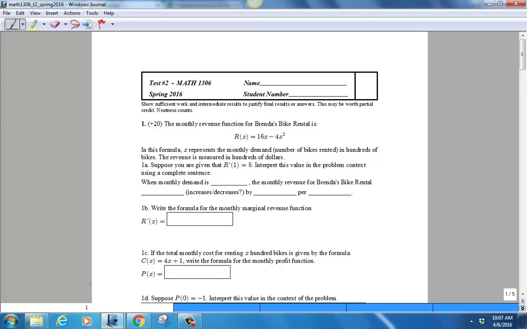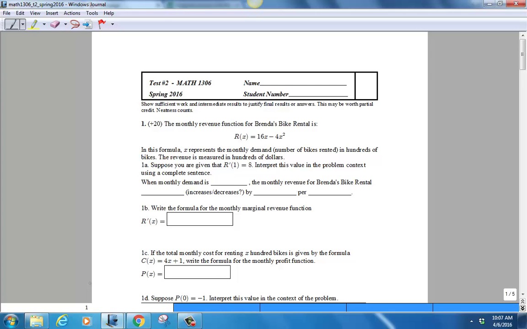There were a variety of small mistakes on most of the problems. This interpretation problem, which was really just a fill-in-the-blank problem, very much like the interpretation homework questions, I had a few sloppy answers here that cost people points.